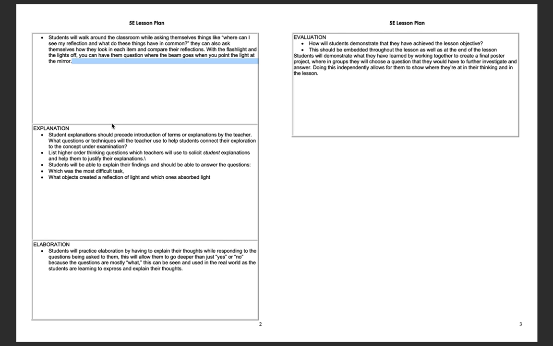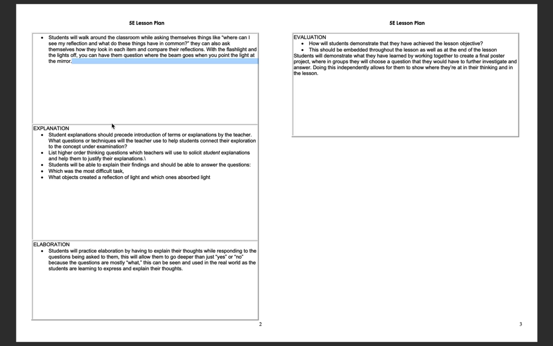In an explanation, the students should be able to introduce you to the terms and explanations that you yourself gave them in their own words. They should also be able to create higher thinking questions or hypotheses based on the experiment on what they've done and what they're doing, and should be able to explain their findings.